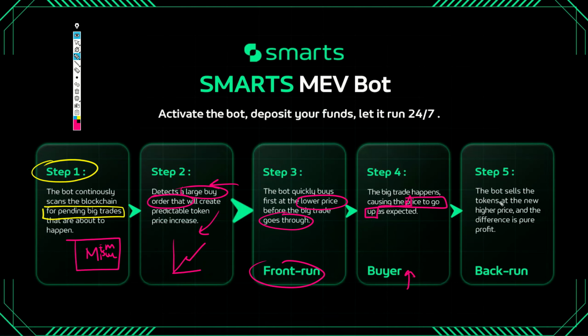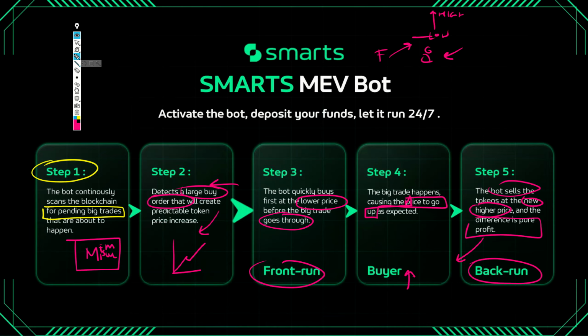Our MEV will say, you know what, I'm selling at this new, higher price, and of course the difference is pure profit when you back run. So it's simple. We do a front run, we wait for buyers to come, and we do a back run. Now we do a front run. We determine what to buy. We buy it low. We sell high. Okay. So low, high. That is the beauty of this tool.